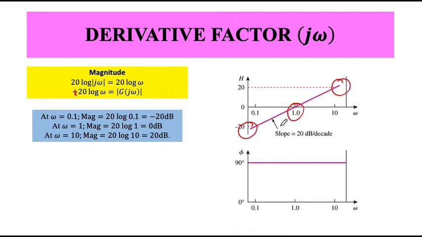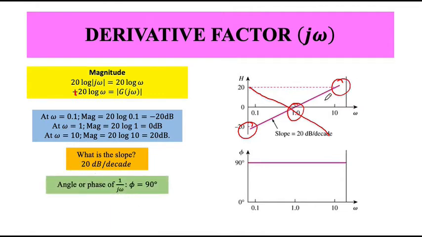Okay, we have seen in minus j omega it was a decreasing slope, here it is an increasing slope, and the phase of j omega is always positive 90. Okay, so here this is the phase graph. It will stay straight, right?